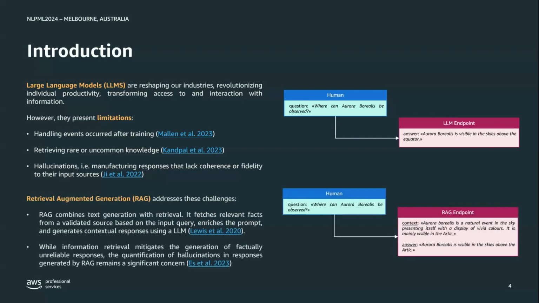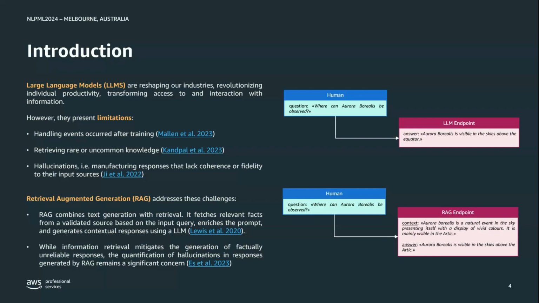And in the context of enterprise search, enterprise applications, Retrieval Augmented Generation, or RAG, addresses these challenges. RAG combines the generation process with retrieval. In fact, when a query is received, relevant facts are retrieved from a validated data source. It can be an external data source or an internal and proprietary one.